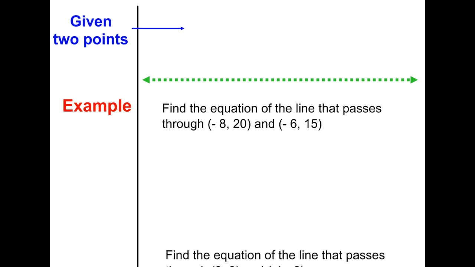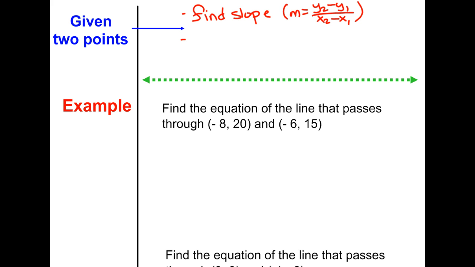Alright, next thing we're going to do is, given 2 points, how do I graph it? Well, from this, you guys are going to have to find the slope. And you should know how to do that using the slope formula. And I'll write that up here. Remember that m equals y2 minus y1 over x2 minus x1.